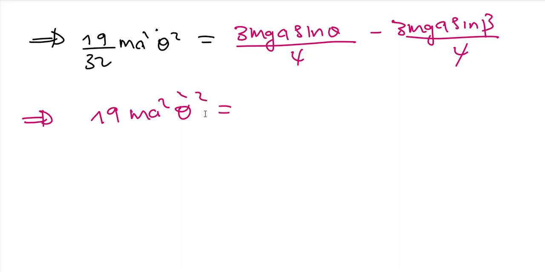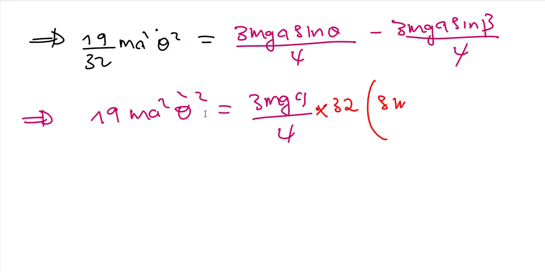This will be equal to, so I will factor out 3mga on 4. Now I'm multiplying all through by 32, and what will be left inside will be sine theta minus sine beta. So 2 will go here once, and 4 will go there once, and here 8 times.